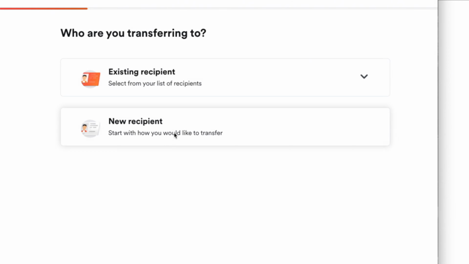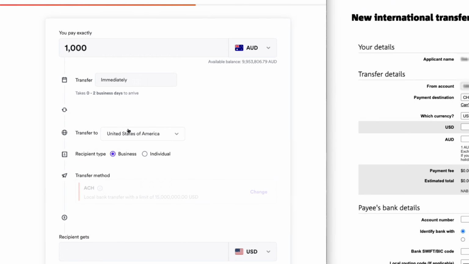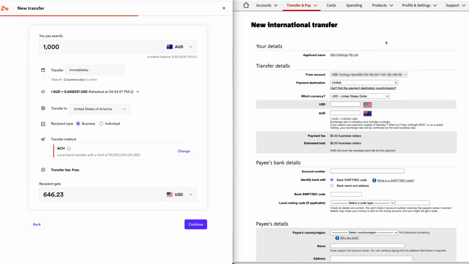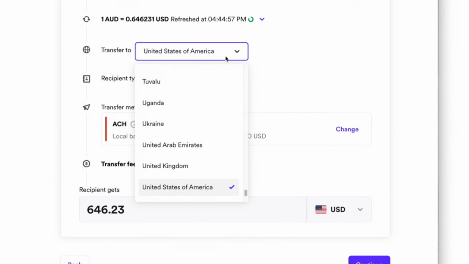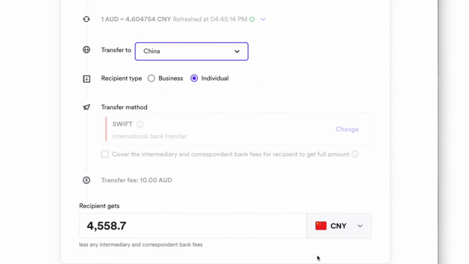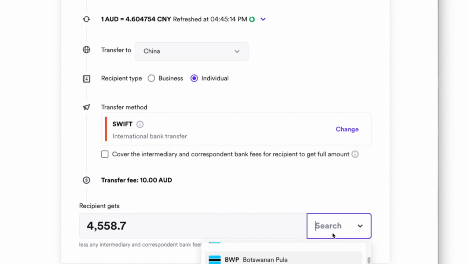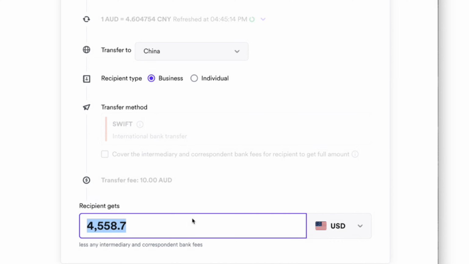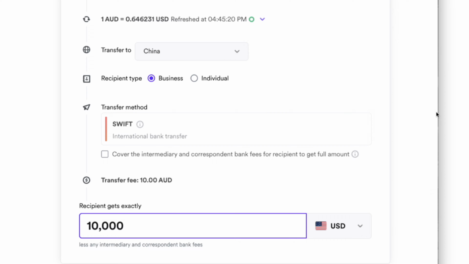So let's just see what it's going to cost us to do a transfer overseas, let's say we're paying an overseas supplier, versus what it'll cost us doing the same sort of imaginary invoice with a big four bank. So let's say we need to pay a supplier in China, and they've sent us an invoice in USD for 10,000 USD.